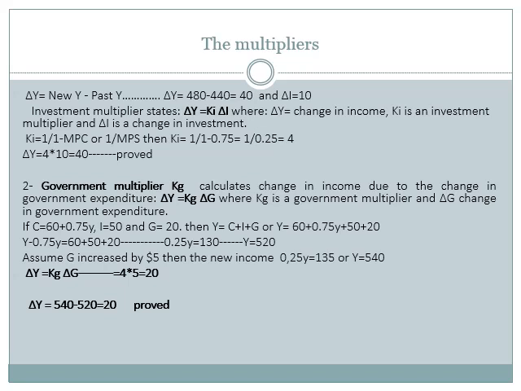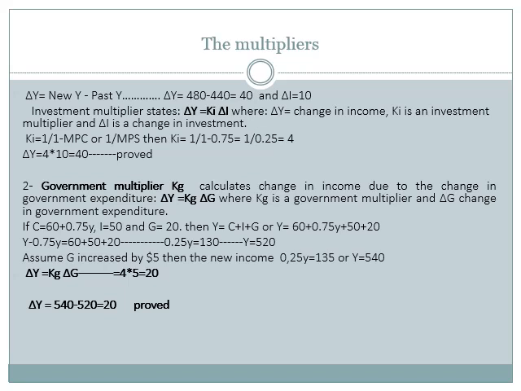Now let's move to government multiplier, مضاعف الإنفاق الحكومي, KG. Calculates change in income due to the change in government expenditure. The equation states that delta y equals kg delta g, where kg is a government multiplier and delta g is change in government expenditure.